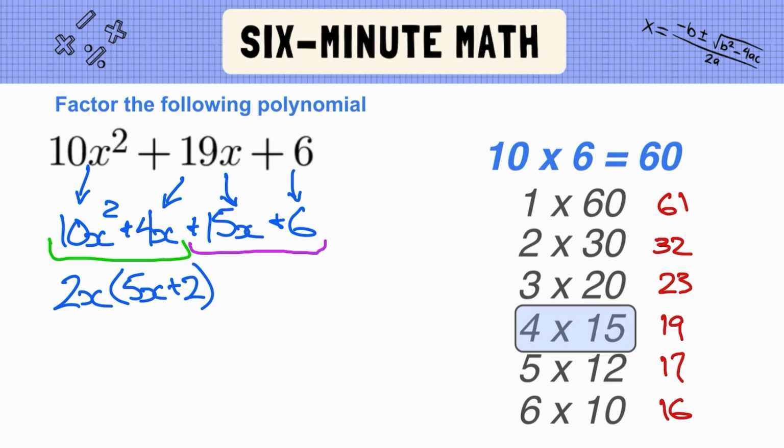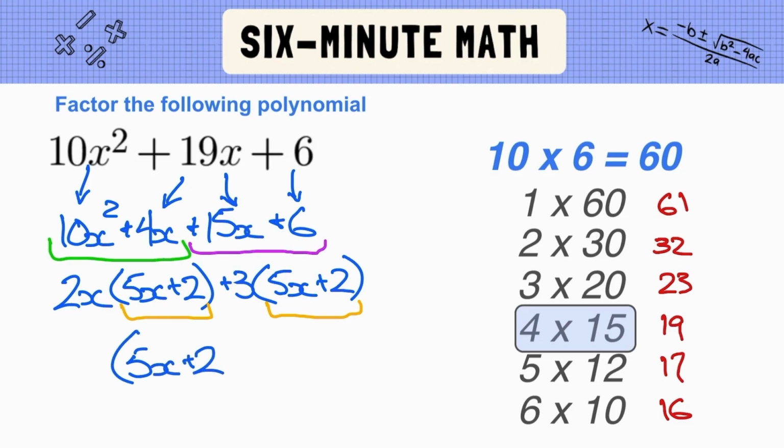And in 15x plus 6, what can I factor out? Well, I can factor out a positive 3, leaving me with 5x plus 2. I have a common binomial factor here of 5x plus 2. And what am I left with? 2x plus 3.